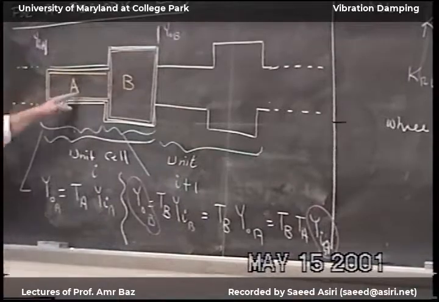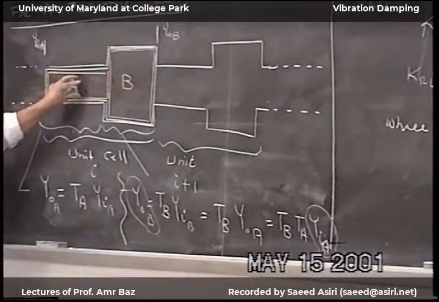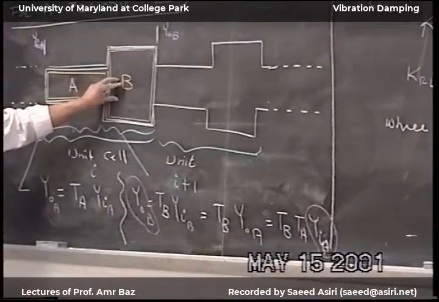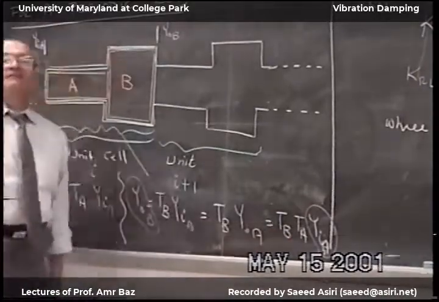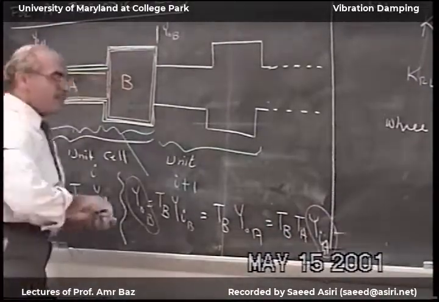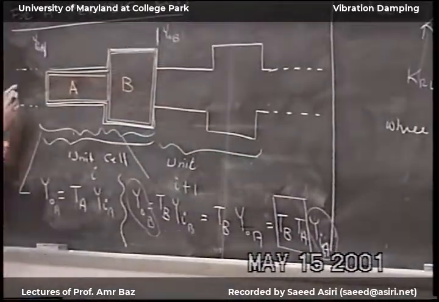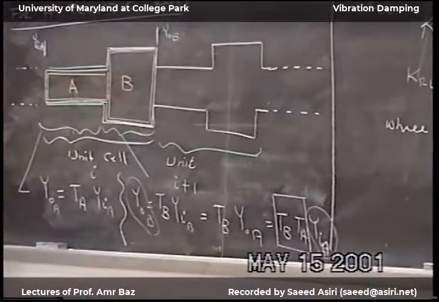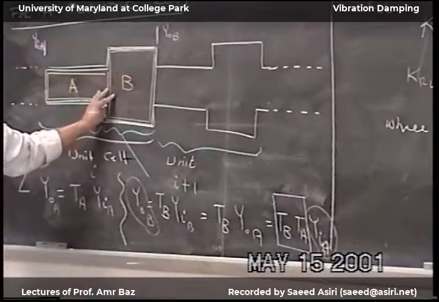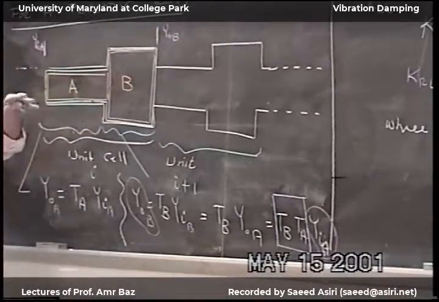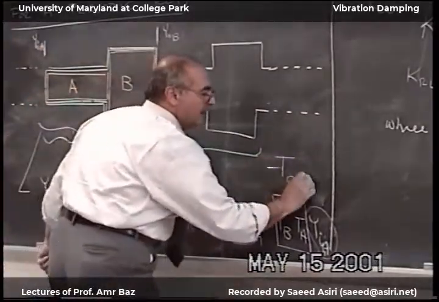So now, if the cross-section is different, or the material property is different, you just get the proper transfer matrix for each section and multiply them backward. B first, and then A following it. And then this is now my transfer matrix for the first cell. And then if everything is periodic, then we have the same transfer matrix over the structure. If it is aperiodic, then I randomize this matrix. So this is T of the cell.